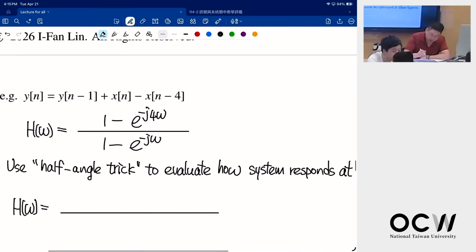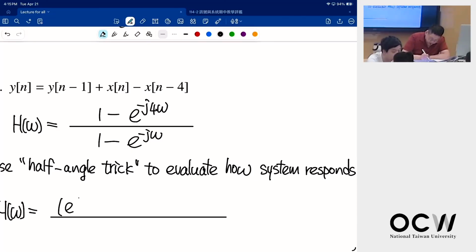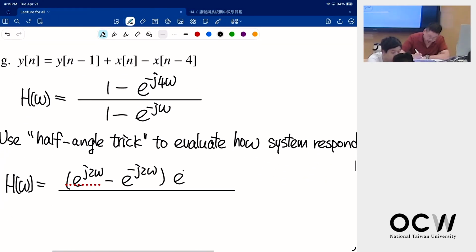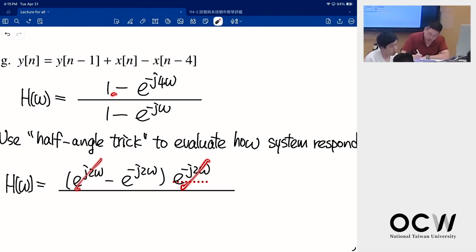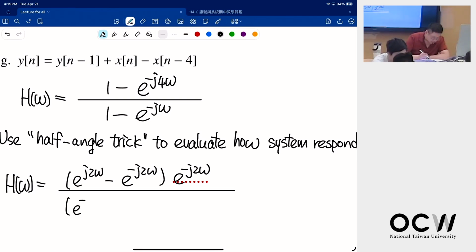So here we should have e to the j 2 omega minus e to the minus j 2 omega. And then we need to multiply by e to the minus j 2 omega back, so there will be e to the 0, I get 1. And here you just add them together. In the denominator, similarly, e to the j omega over 2 minus e to the minus j omega over 2, times e to the minus j omega over 2.